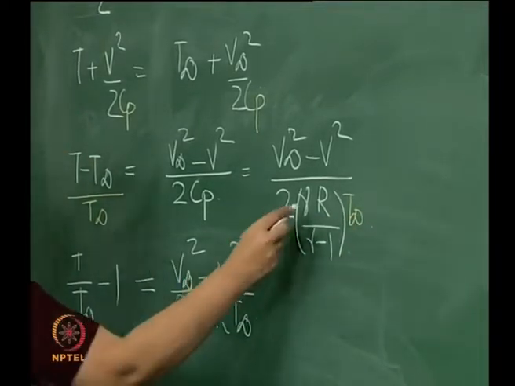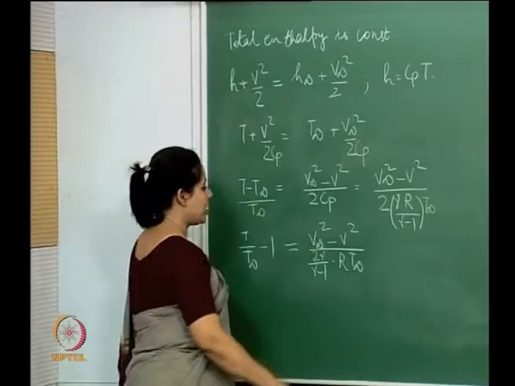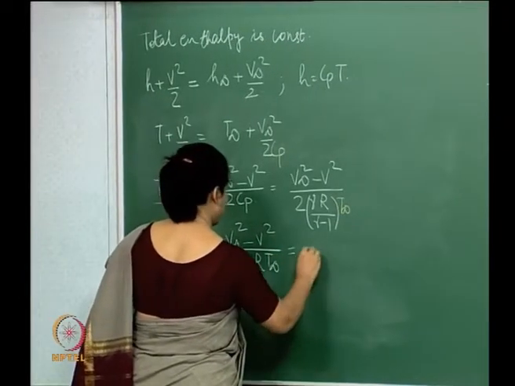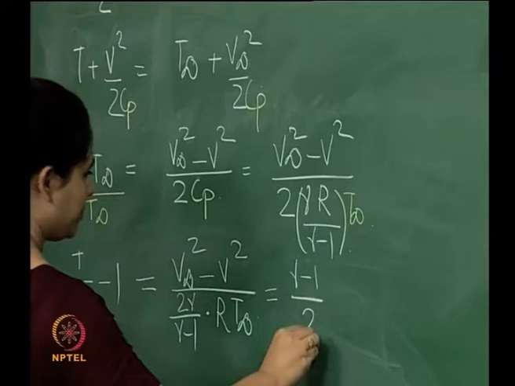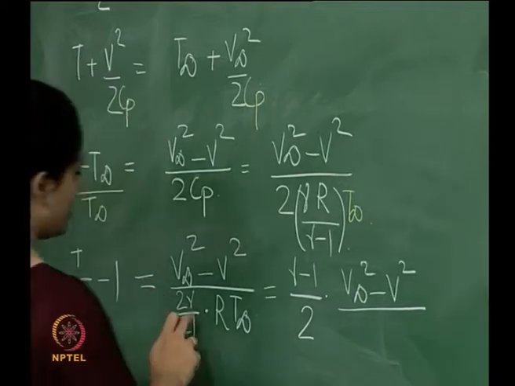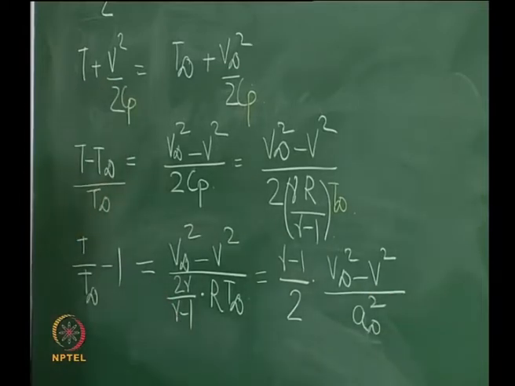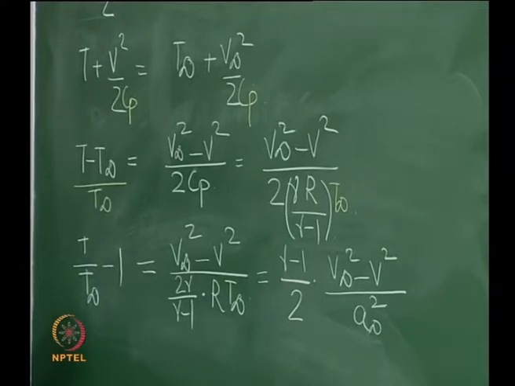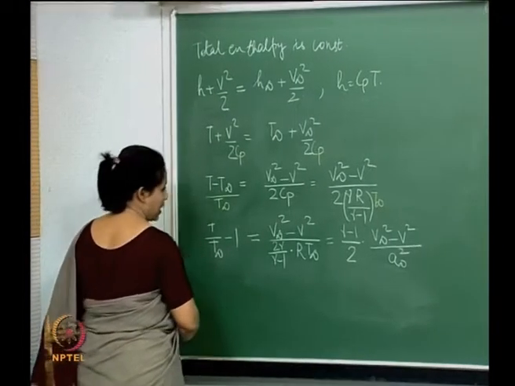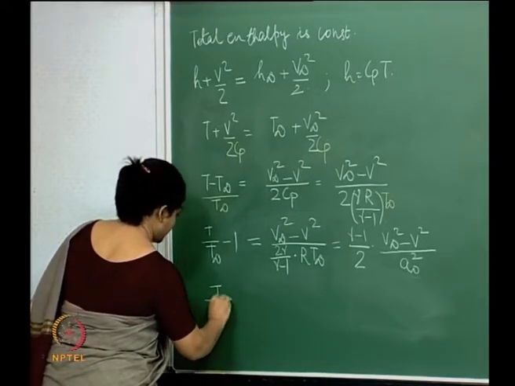So you can see this gamma R T infinity is equal to what? A infinity squared, the speed of sound. So therefore we can write this gamma R T infinity as A infinity squared. So now if you look at this term here, let us clear out this. So what we are looking at is this.